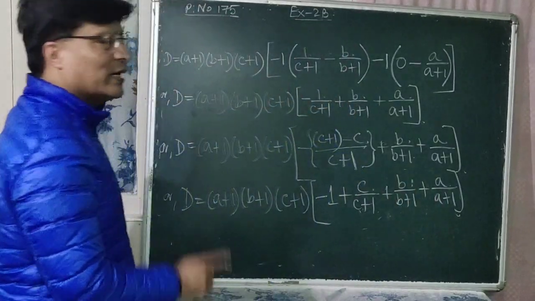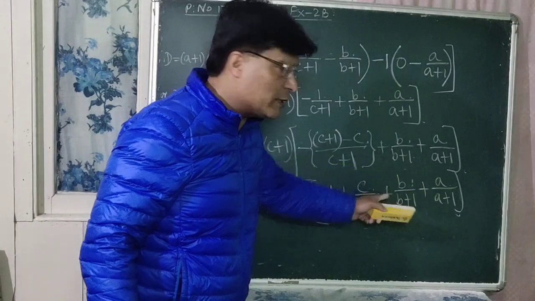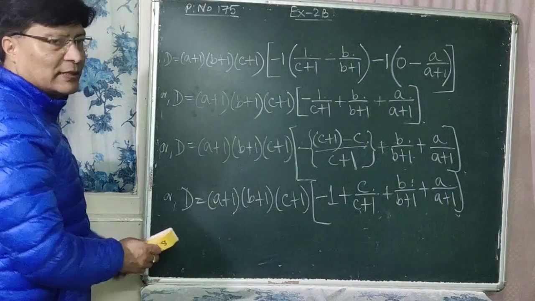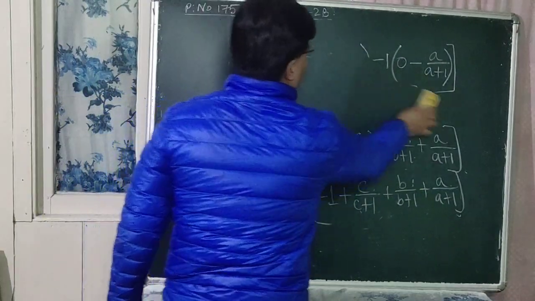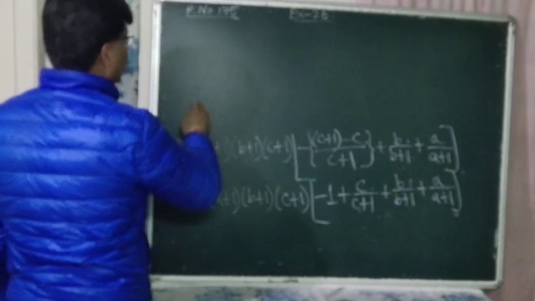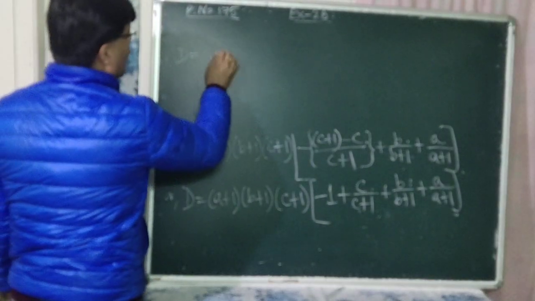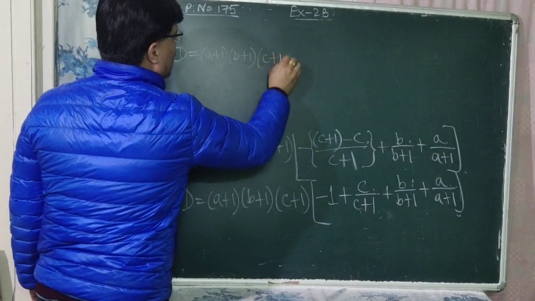That means we are getting the answer here. But in the question, in the fourth factor, there is a by a plus 1, b by b plus 1, plus c by c plus 1, minus 1. Let us write down that expression, right? So now, therefore, D is equal to, what is the final answer now? a plus 1 into b plus 1 into c plus 1.